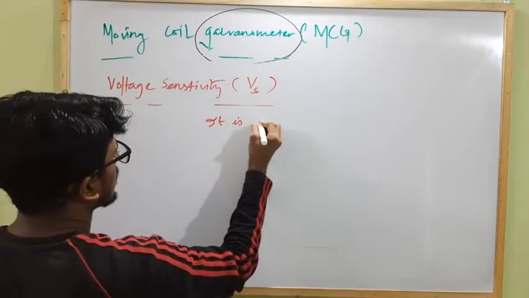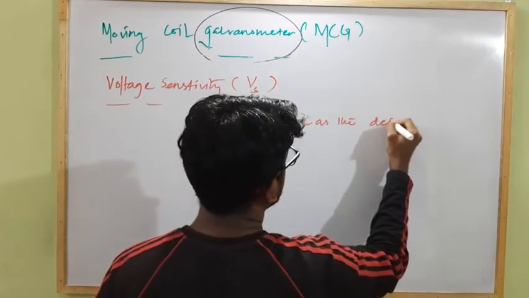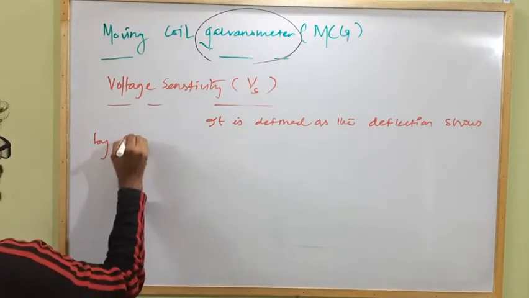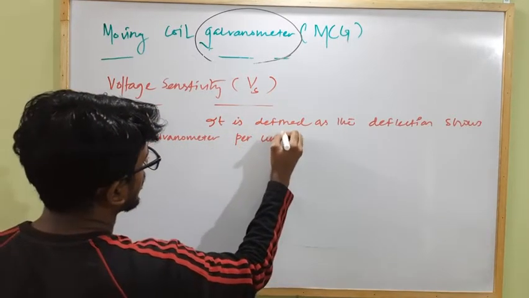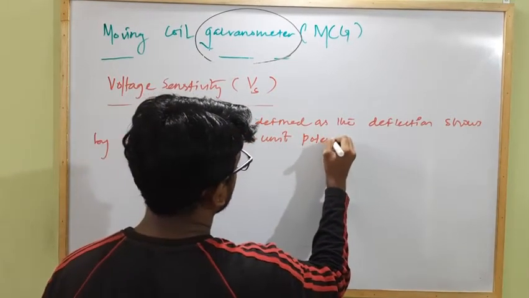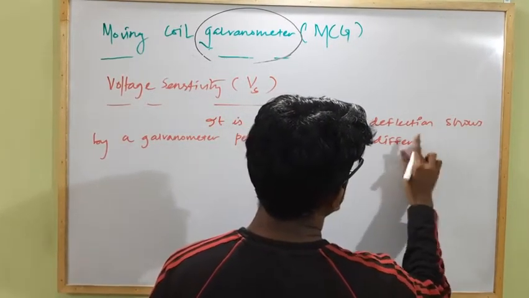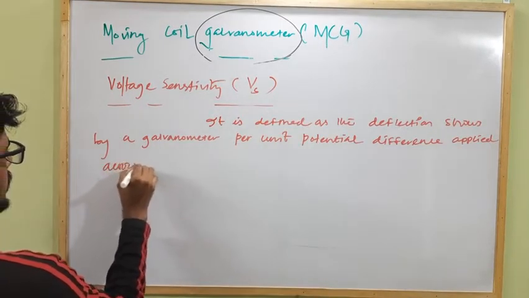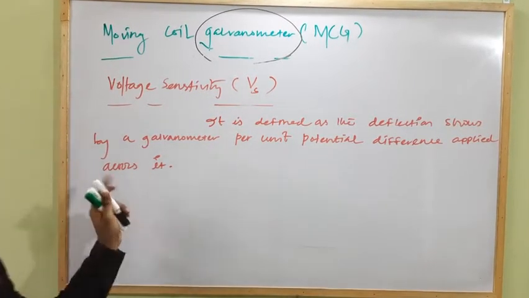Similarly as current sensitivity, voltage sensitivity is defined as the deflection shown by a galvanometer per unit potential difference applied across it.